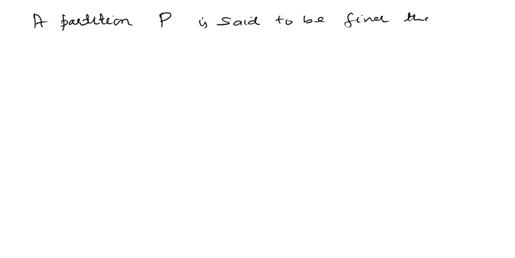A partition P is said to be finer than another partition Q of [a, b], where both are partitions of [a, b].